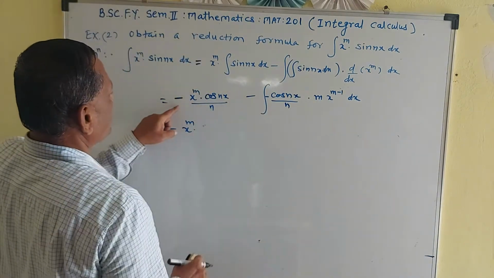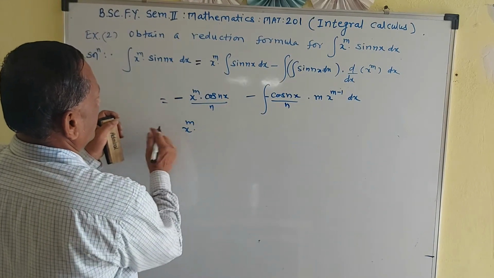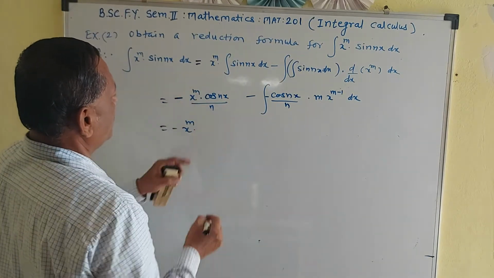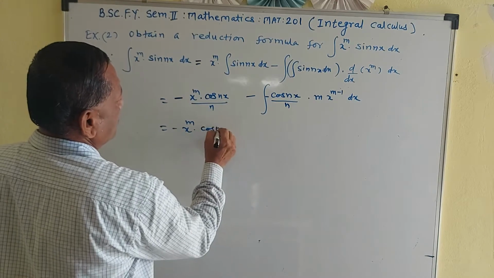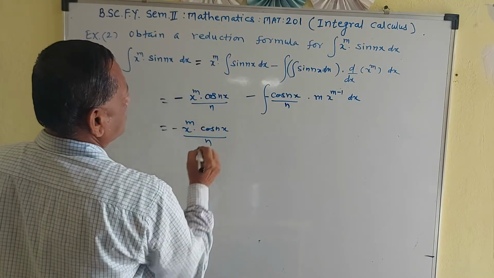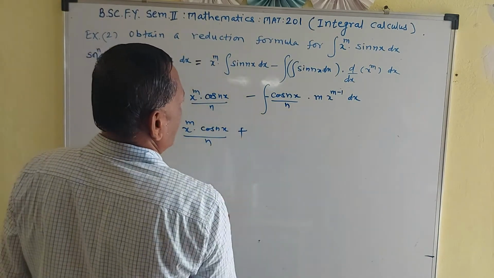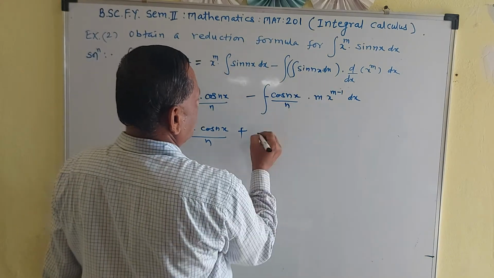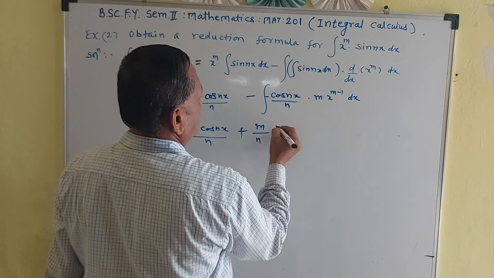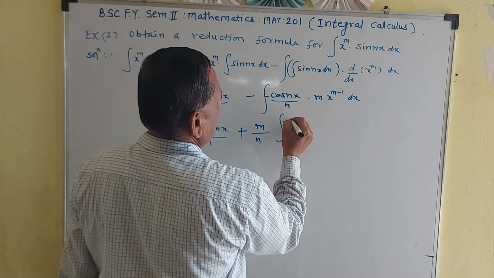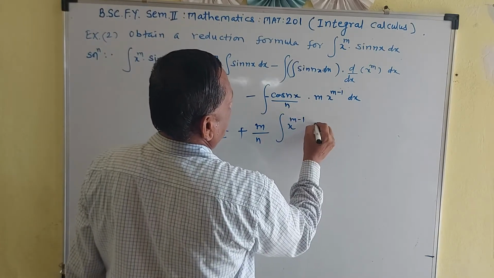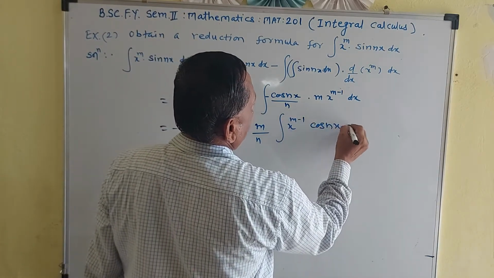Make correction: minus x raised to m cos nx upon n, and the integration of sin nx dx is minus cos nx upon n. Therefore, the next step is minus x raised to m cos nx upon n, then minus minus becomes plus, m constant, n constant, m upon n into integration of x raised to m minus 1 into cos nx dx.